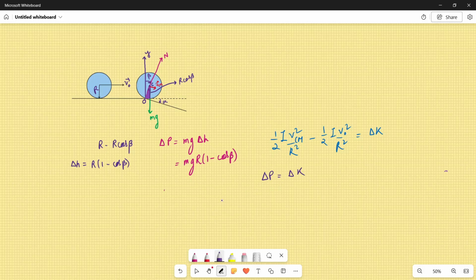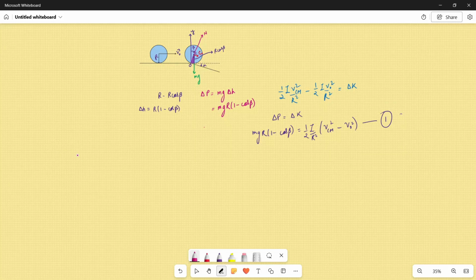We can write mgr(1 minus cos beta) equals 1 by 2 I by r squared times (v center of mass squared minus v naught squared). And this is our first equation.